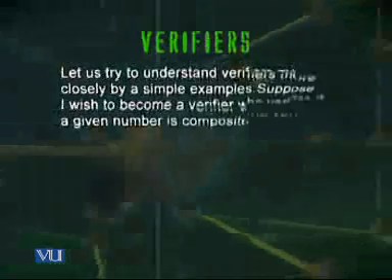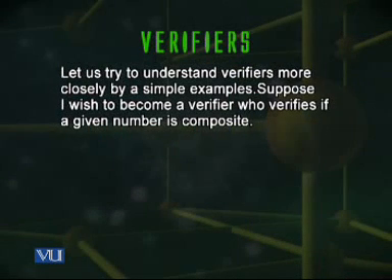Well, this notion seems a bit difficult. Let's look at an example. Let's try to understand verifiers more closely by this following simple example. Suppose I wish to become a verifier who verifies whether a given number is composite or not. So if you give me a number, I would verify or certify whether the number is composite or not.